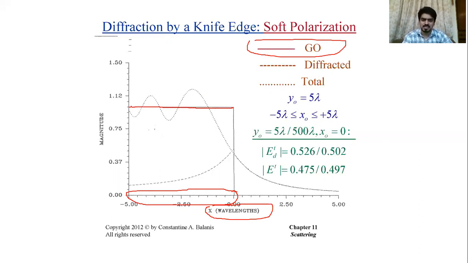So you have a magnitude of 1 in that region, and then when you move to the second region, where the values of x are positive, that value drops down to 0. So in the second region you have a zero field predicted by the geometrical optics approximation.